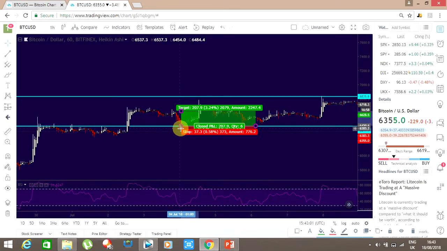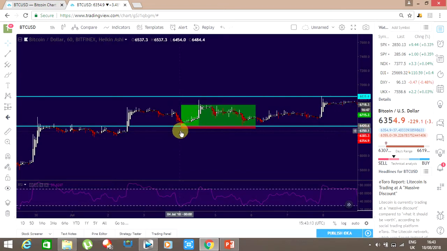Your stop loss would have been set just under the support level in case of a false breakout. You didn't want your trade to close, so that's where you would have set your stop loss, and that's where you would have taken your profit.